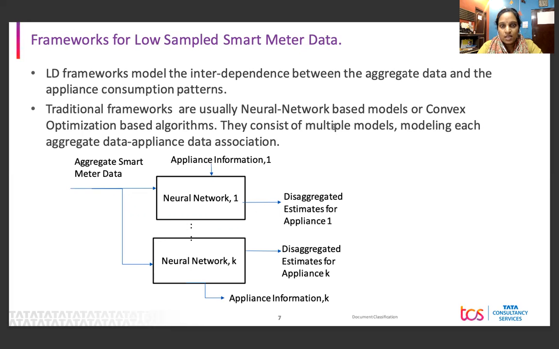And the models that are learned thereof, one for each appliance of interest, are used to disaggregate any new incoming smart meter data. As we see, the amount of training data that is needed to disaggregate smart meter data using these frameworks is quite humongous, and this leads to computationally intensive algorithms.